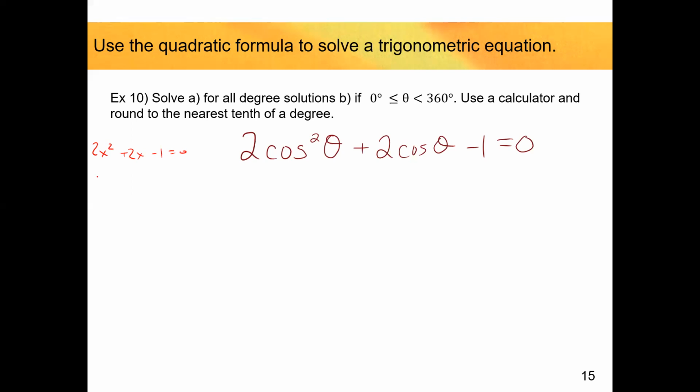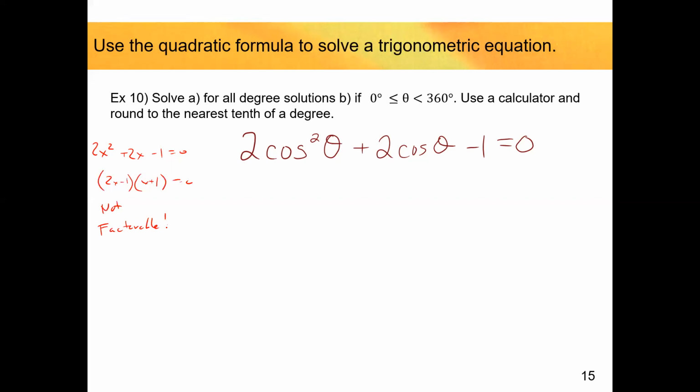I could try 2x times x, and plus 1 minus 1, I guess. That does not work nicely. If this was a 1 or a 3, it would have been working fine. So not factorable, or at least not easily factorable.